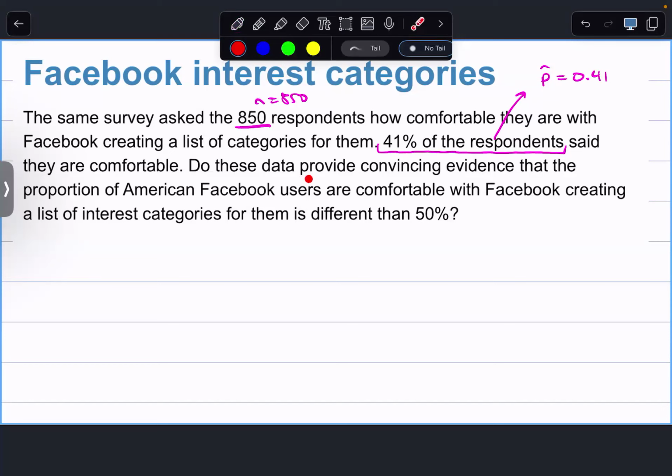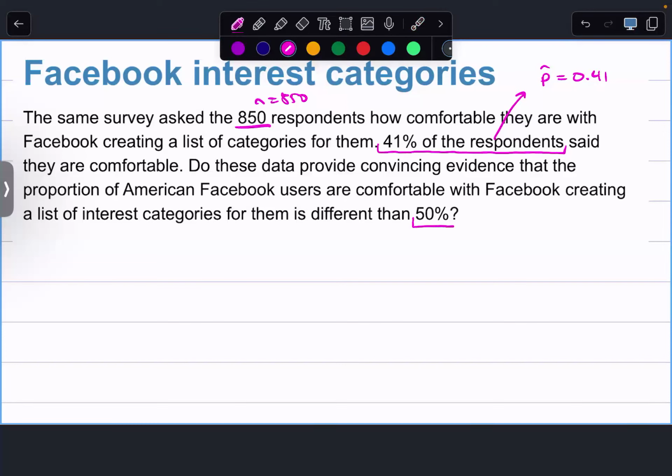Do these data provide convincing evidence that the proportion of American Facebook users who are comfortable with Facebook creating a list of interest categories for them is different than 50%? So we have a sample proportion of 41% or 0.41, and the value that we want to compare that to is 0.5.